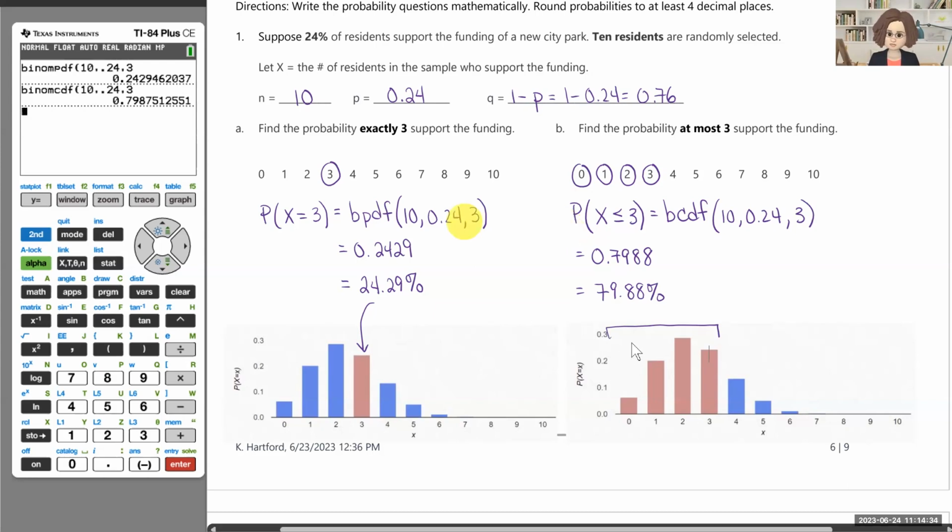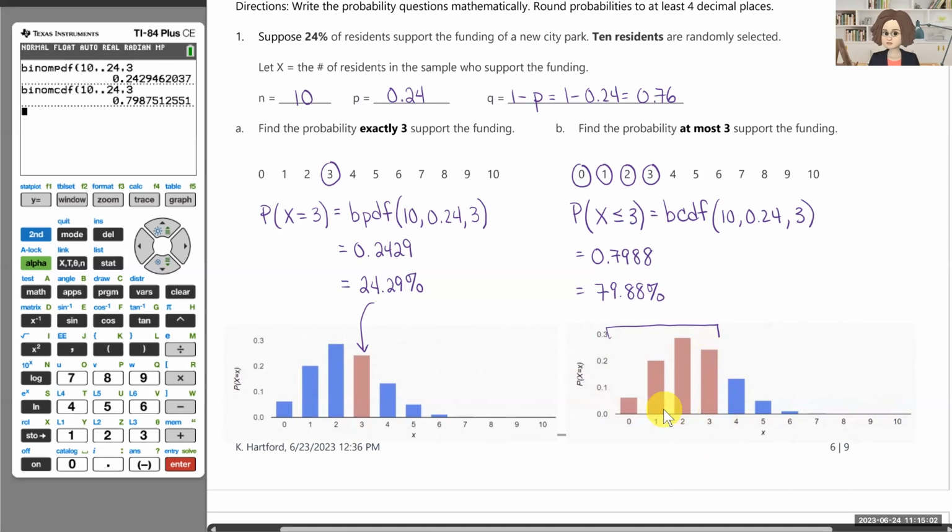Before I leave this example, I just want to point out here that this graph is skewed to the right. So more of the probability is at this lower end of the possible set of values. Because the probability of a success was less than 50%, more of the probabilities will be down here with those lower values.